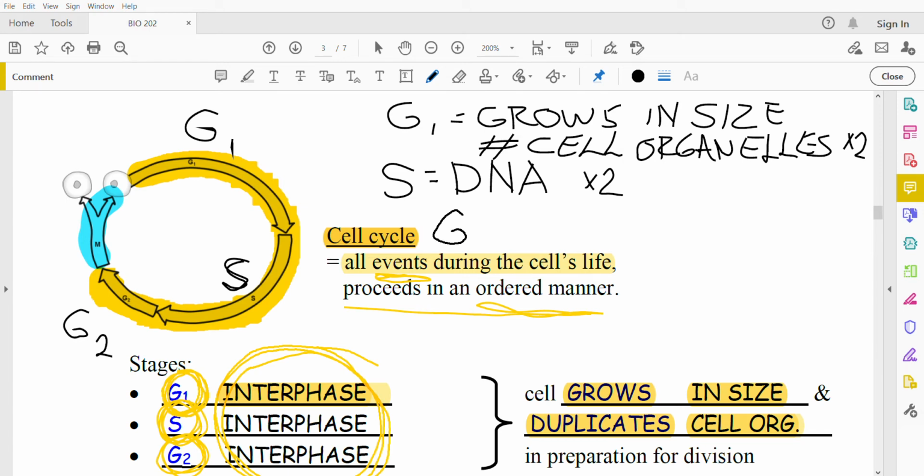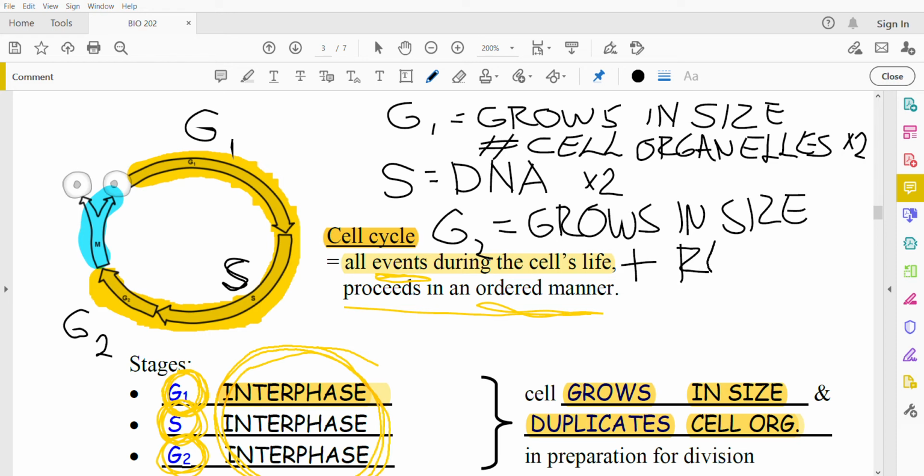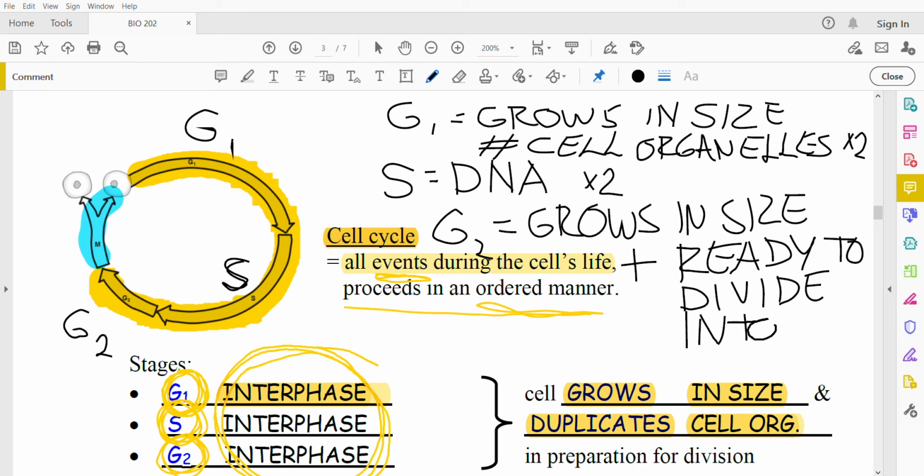So during G2 interphase, the cell grows more in size, and now it is going to be ready to divide into 2. So that's our G2 interphase.